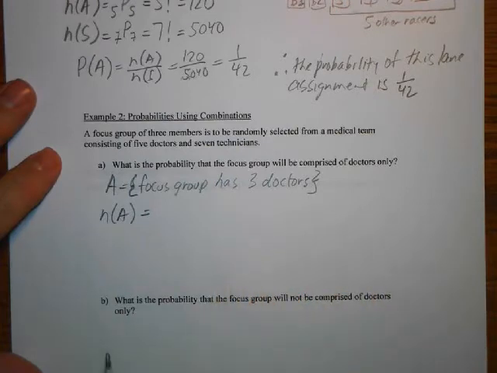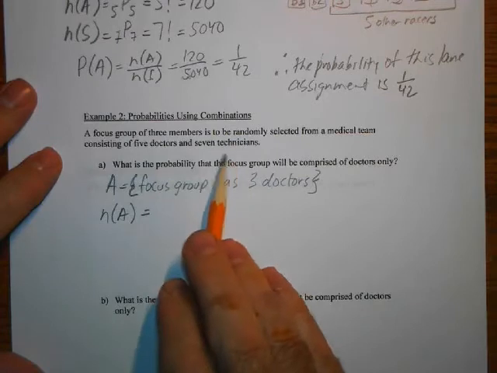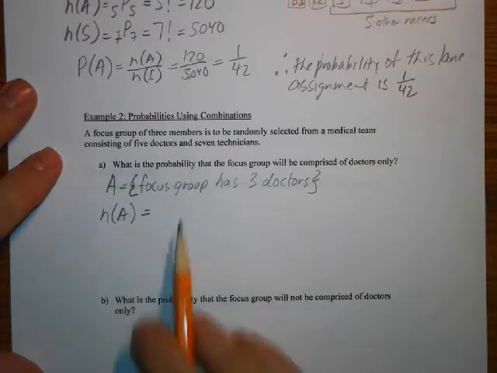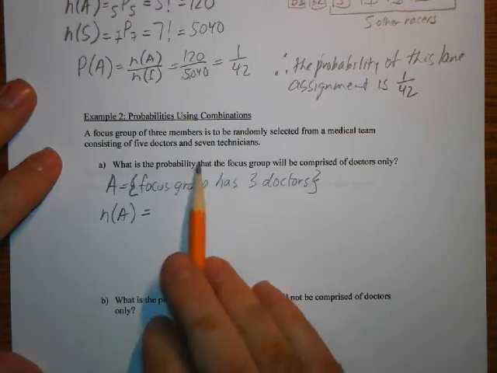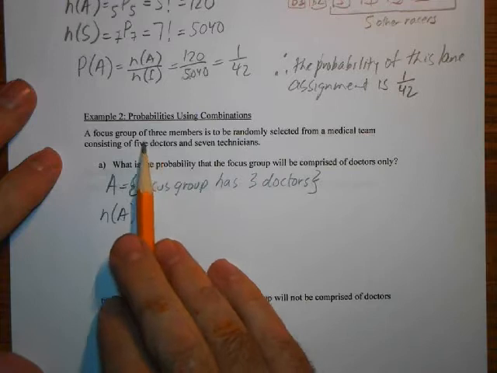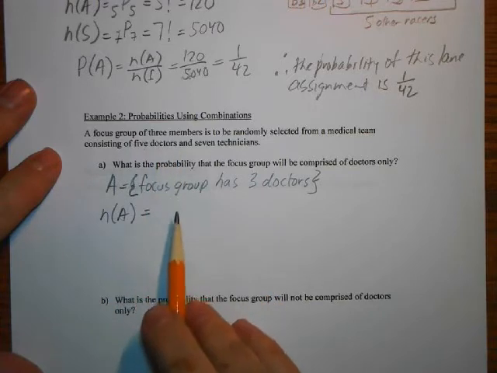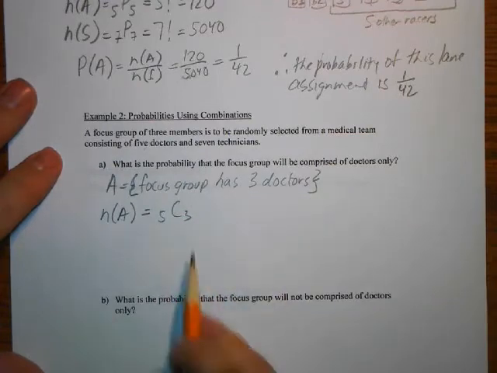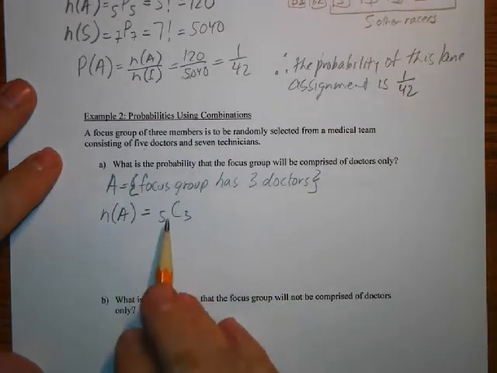So this is a combination because the order doesn't matter. So I'm going to select my 3 doctors to be on, and I have 5 doctors to choose from. So I'm going to take those 5 doctors and choose 3, so that's 5 choose 3. That's the number of ways I can choose 3 doctors from the 5 that are there.